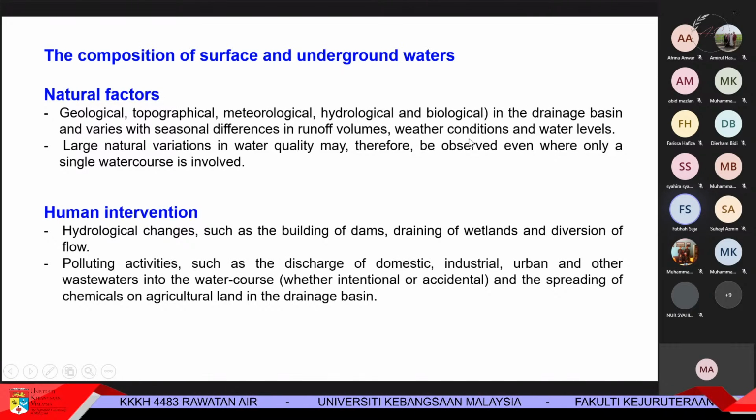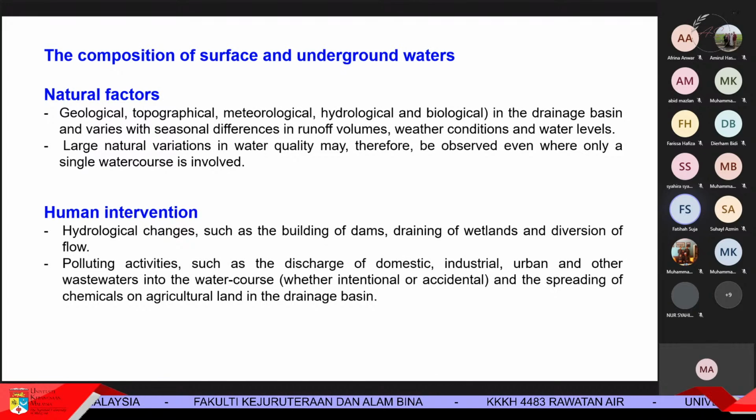Some of the more obvious are polluting activities, like discharge of domestic waste. In the Malaysian case, although you have treated your wastewater, your sewage, because of the many sewage treatment plants that sometimes are not able to treat up to the standard allowable for discharge to surface water, you have a problem with the water source.